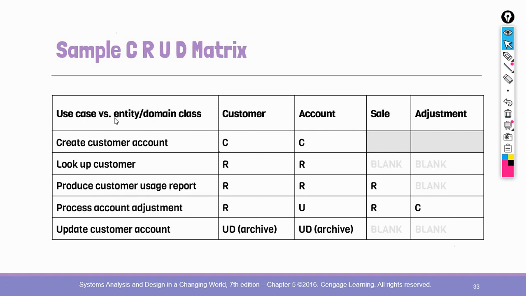So based on the information shown in this example, there are insufficient use cases to cover the sale and adjustment domain classes. The sale class will need additional use cases to create, update, and delete sale objects. In addition, the adjustment class will require use cases to update, report, and delete adjustment objects.